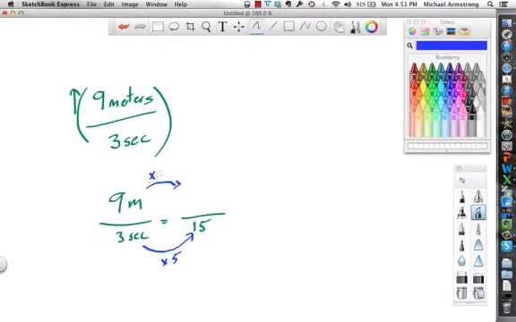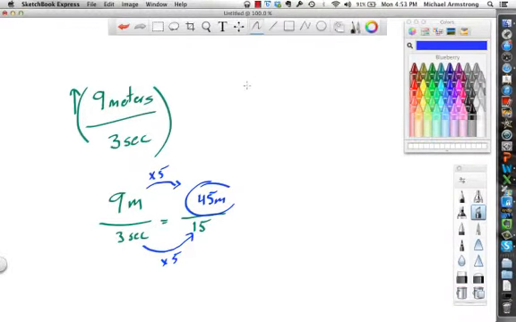So 9 times 5 should give us a total for how many meters it rises in 15 seconds. And that 9 times 5 is 45. So 45 meters in 15 seconds should be our answer. And you can see how we got that answer. The book actually gives you a different way.